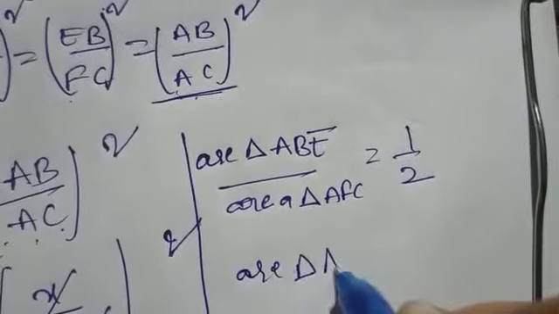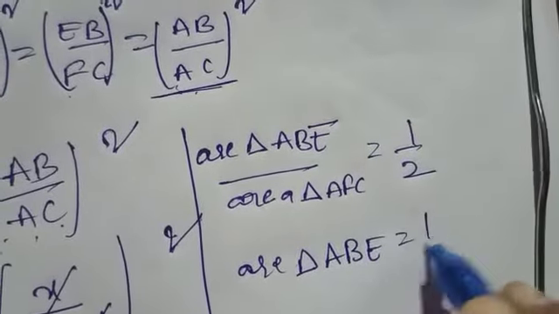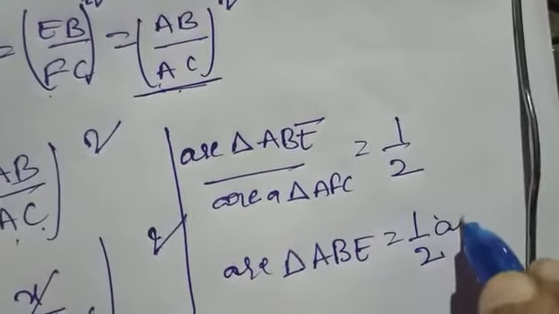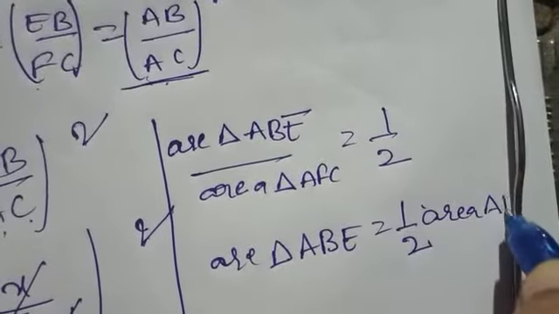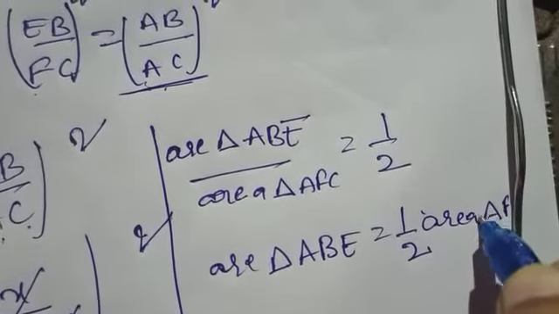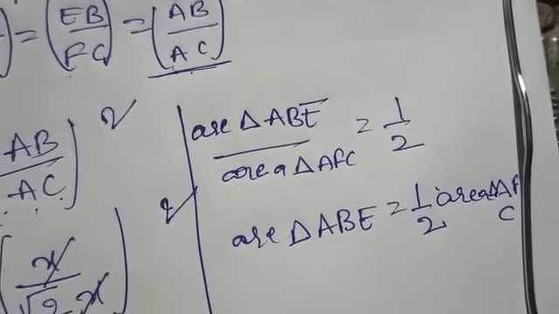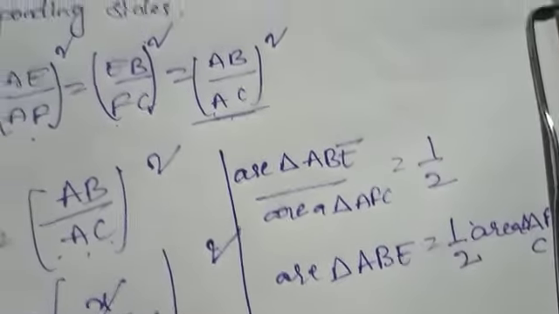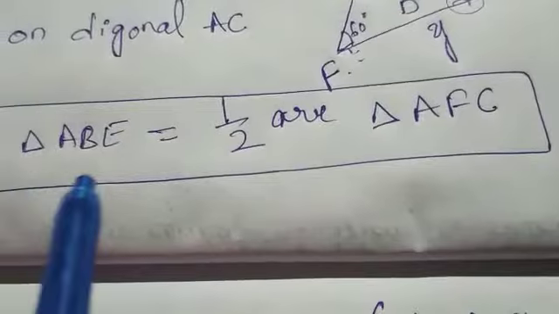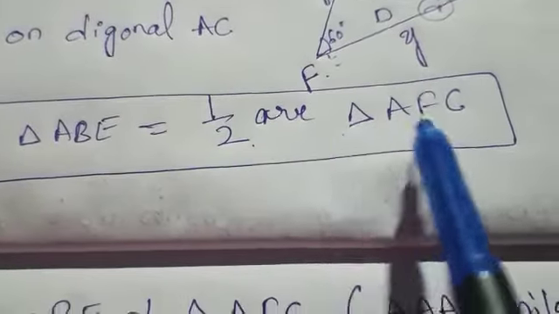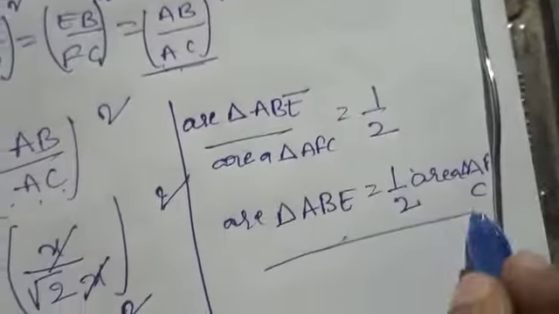Area of triangle ABE equal to half into area of triangle AFC. Here we needed to prove area of triangle ABE equal to half into area of triangle AFC. Okay, both are same, hence proved.